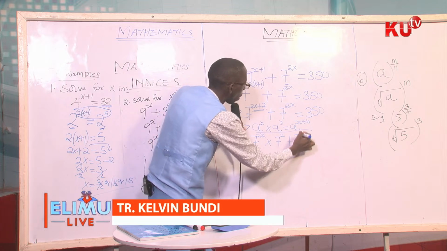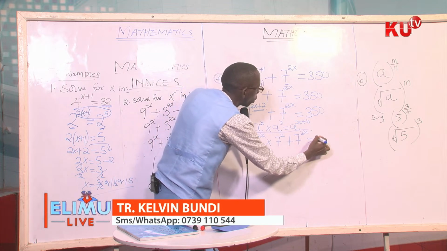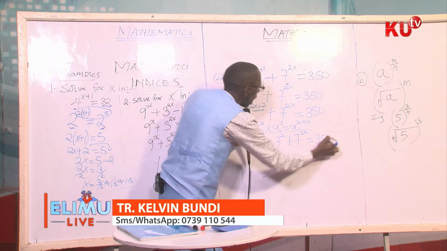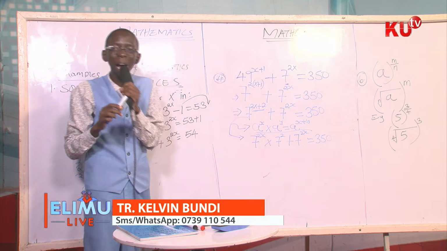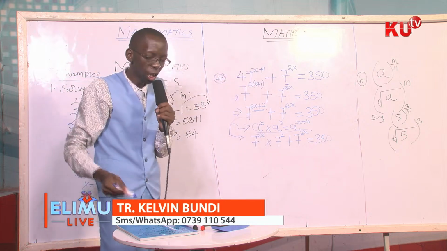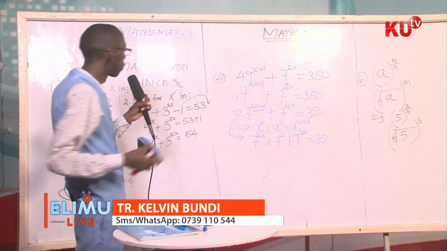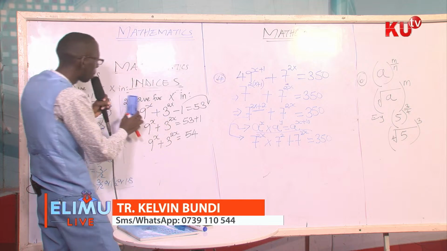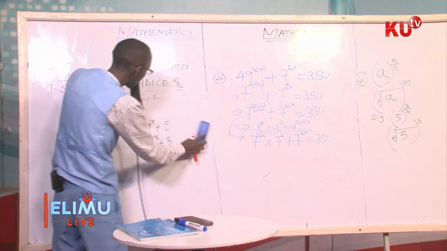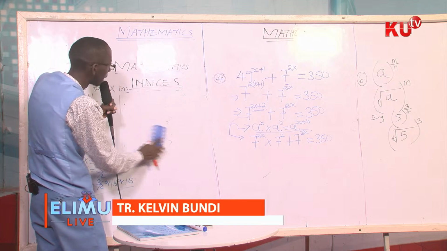Plus 7 to power 2x is equal to 350. So you must master these laws of indices so that you become a master of the laws of indices and apply that mastery in solving the questions.